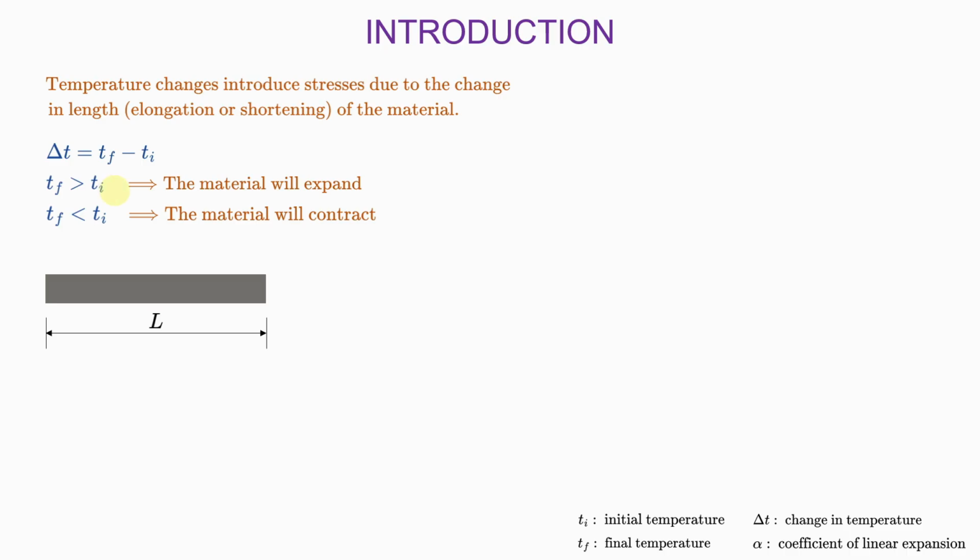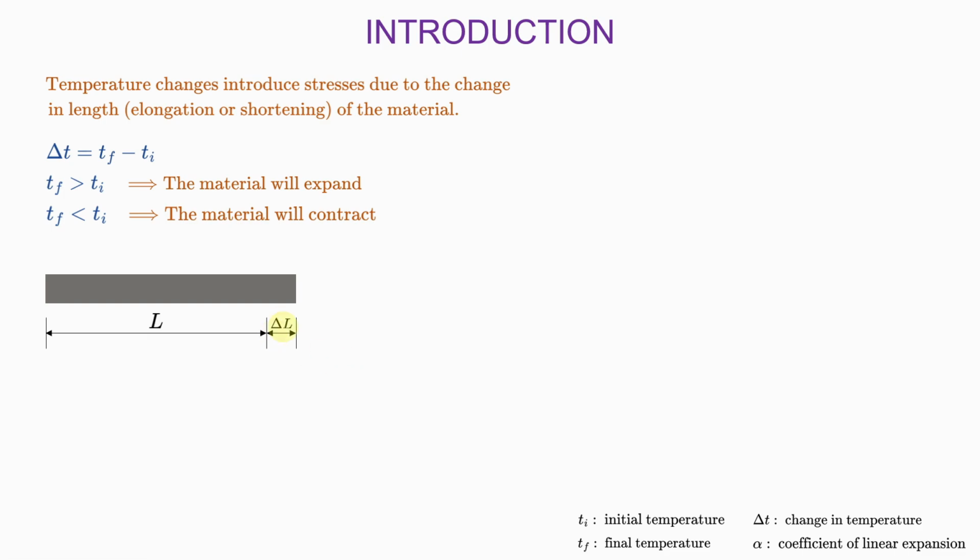And if you increase the temperature, the material will expand. So in this case, the bar initially had a length of L, so that because of an increase in temperature, the bar grew longer, okay? And now this increase in length, we will call it delta L, okay? So this is the increase in length due to the increase in temperature.